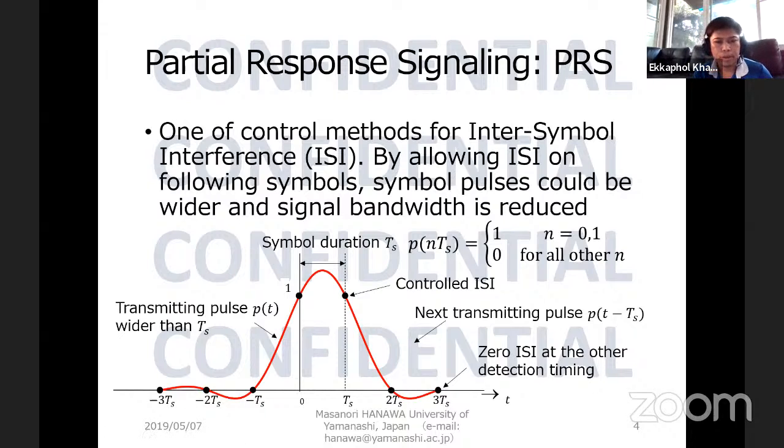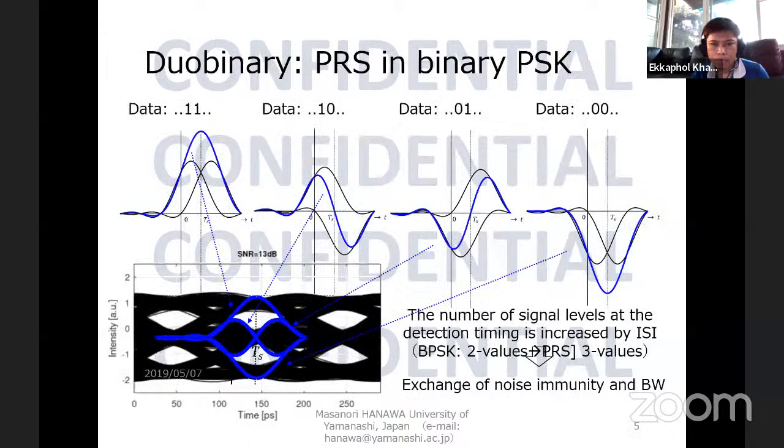Then next we want to send bit 1 again at time instance of TS. We send this one, or we don't send anything, or like that. So this is so-called duobinary, because the pulse amplitude is determined by the two consecutive pulses.